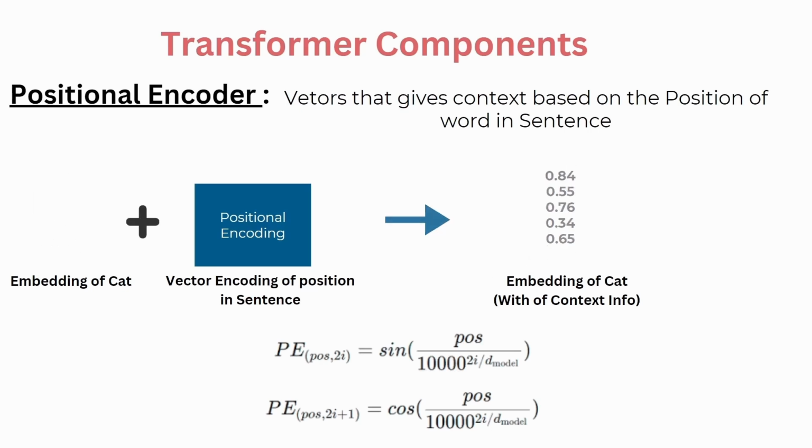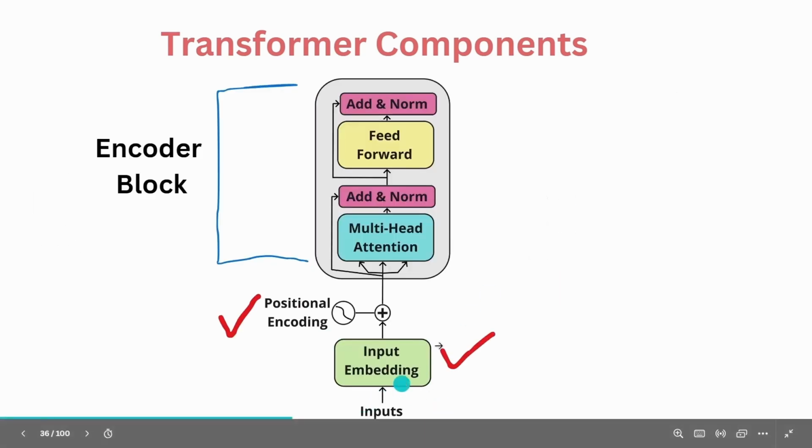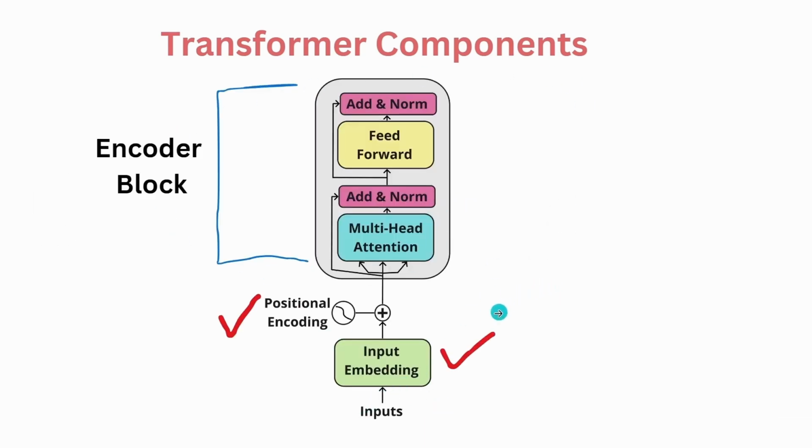So we have covered both things; this is the encoder part. We have seen how the input embedding model converts text into vectors, and then the positional encoding encodes the position of each word with respect to other words in a sentence.